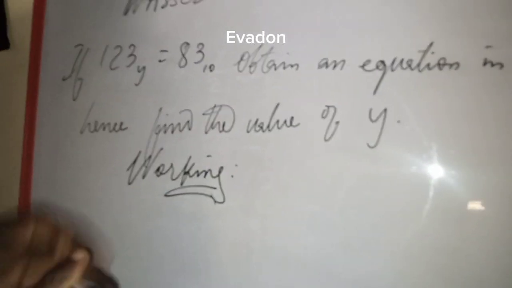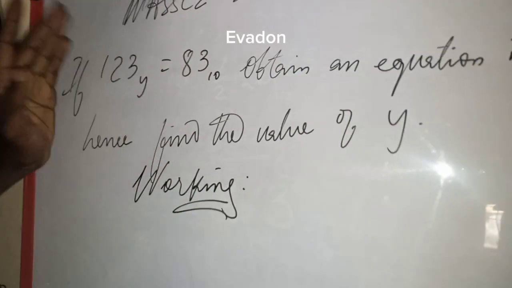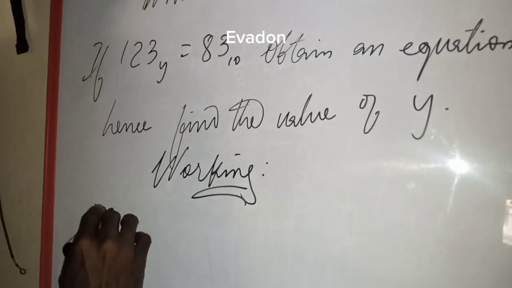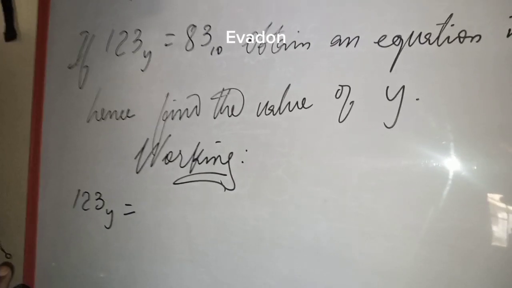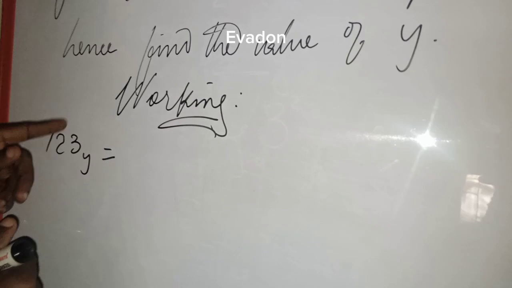Since the right hand side of the equation is in base 10, what stops us from changing the left hand side of the equation to base 10? So let's get going. 123 base y is equal to, based on the place value, the place value of 3 is units, raised to the power 0.